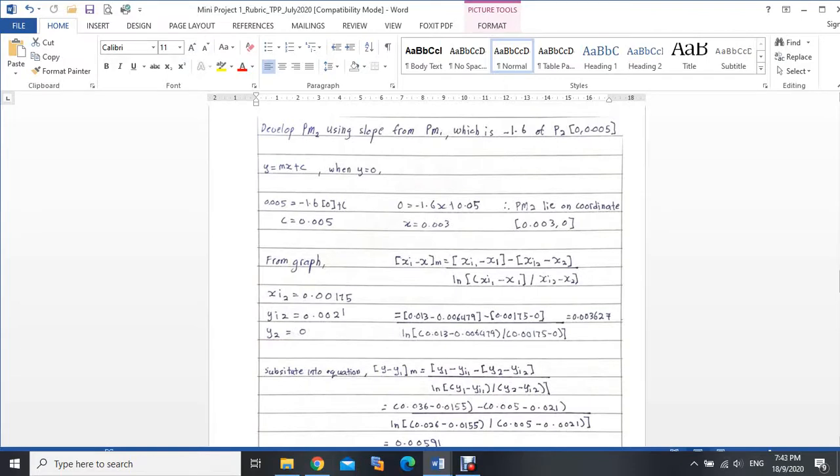Okay? And we just need to plot in the graph and draw from P to this coordinate 0.003, and this will be our second slope. After that, we can find XI2 and YI2, where the intersection of the PM2 slope and the equilibrium curve gives the values of XI2 and YI2.